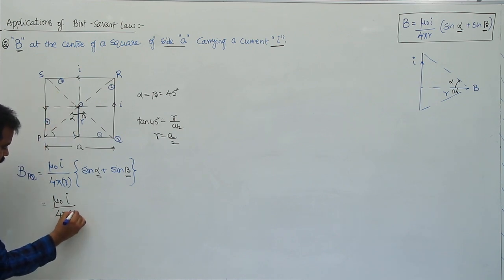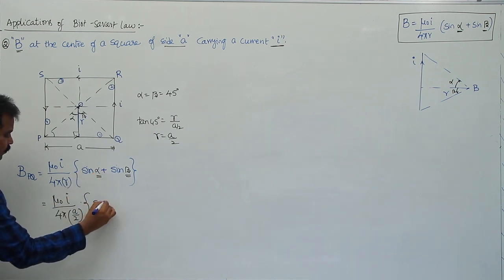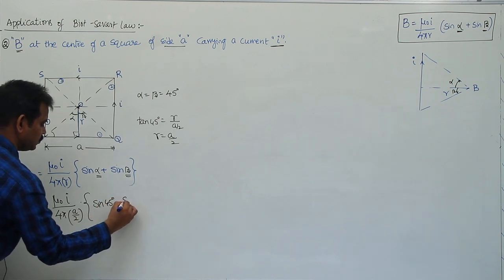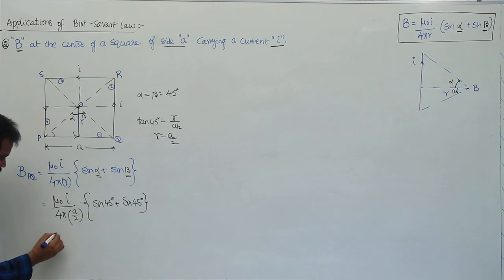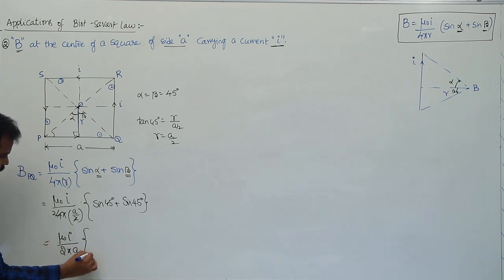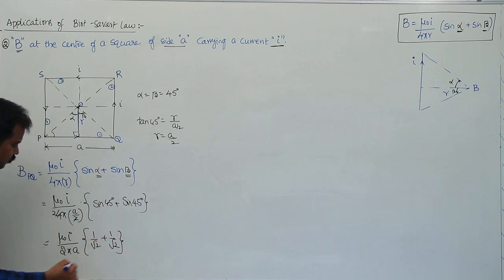So in place of R, I am writing A by 2 into sine 45 plus sine 45 degrees. Now this can be written as 2 ones, 2 2's. So this will become mu naught I by 2 pi a. Sine 45 is 1 by root 2 plus 1 by root 2.